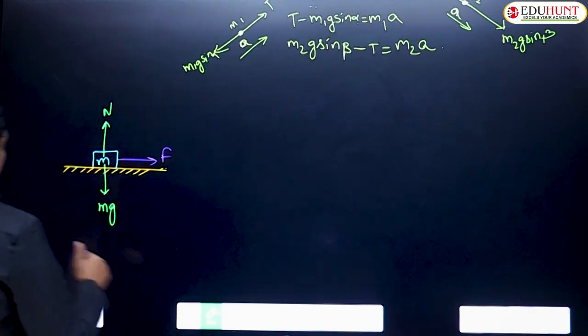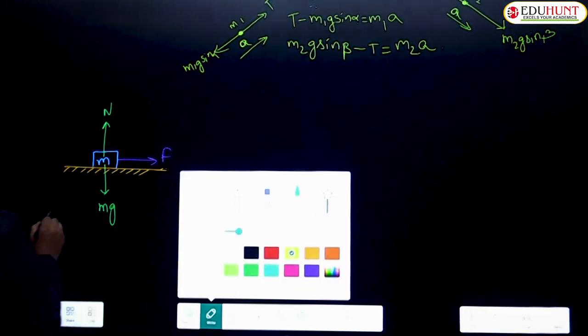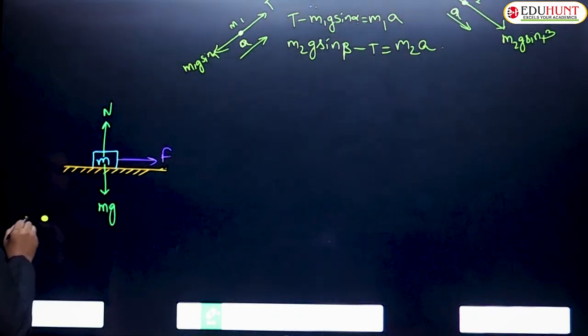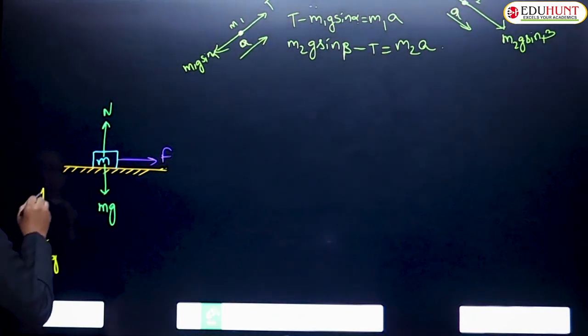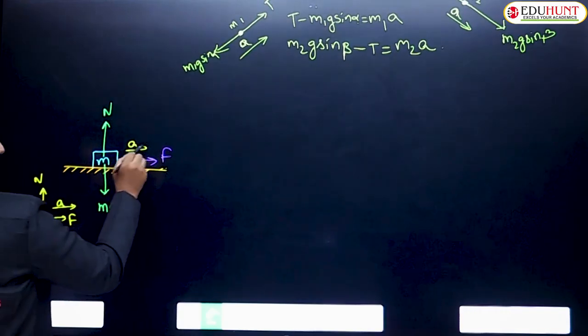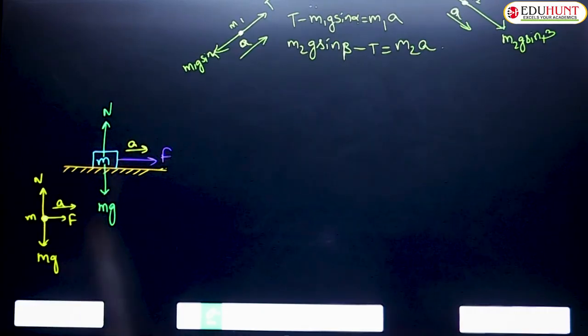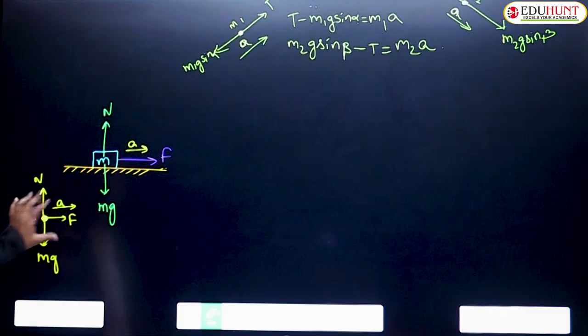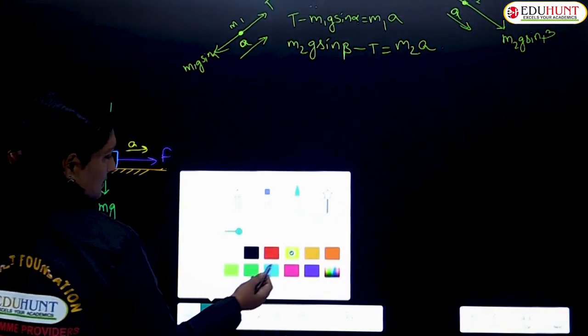So the free body diagram for this is: the mass m is indicated with a small dot, downward force mg, upward force N, and side force F, and the body is accelerating sideways. As the force is applied, the body is accelerating sideways. So this free body diagram is finished.